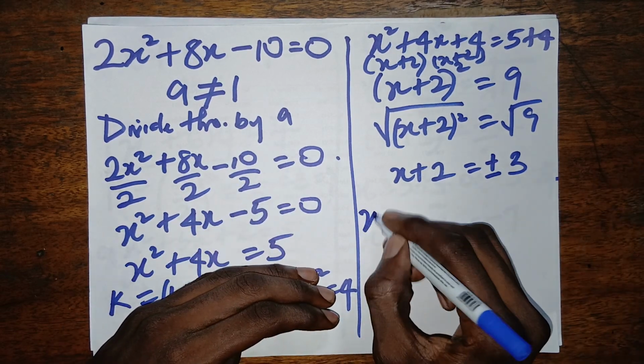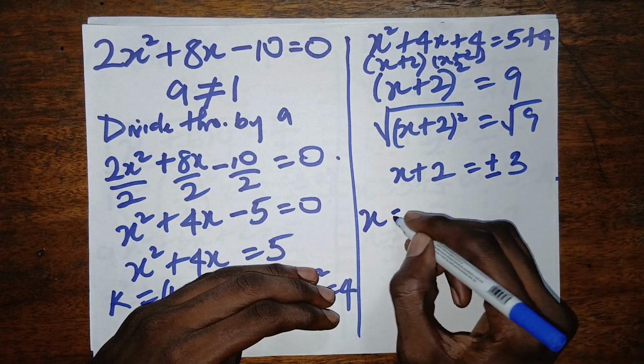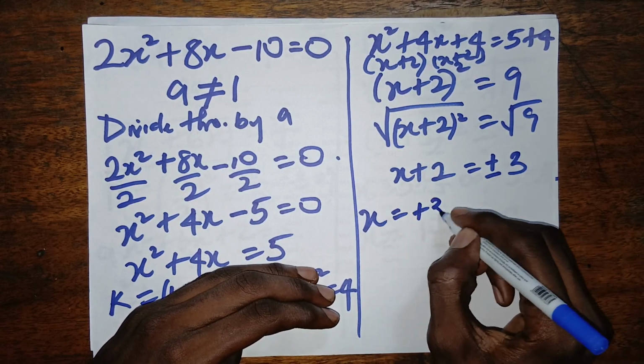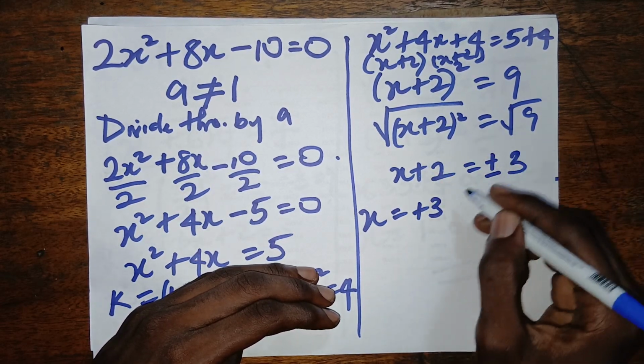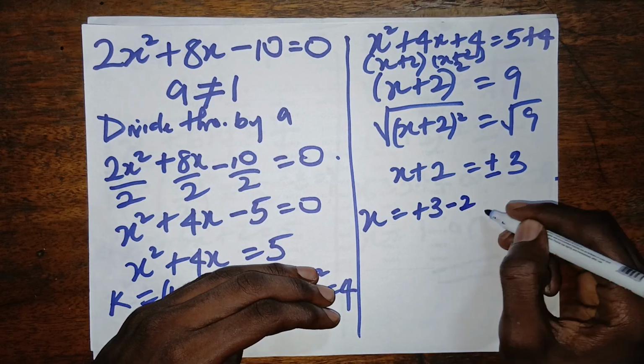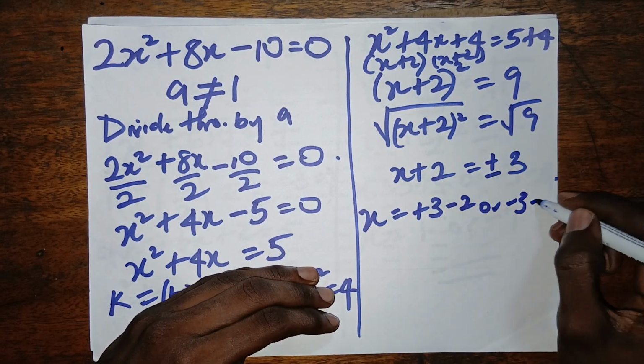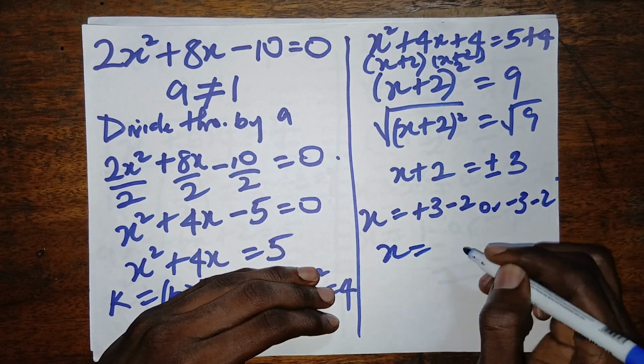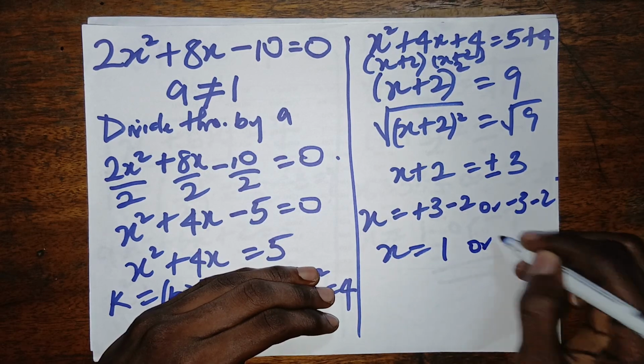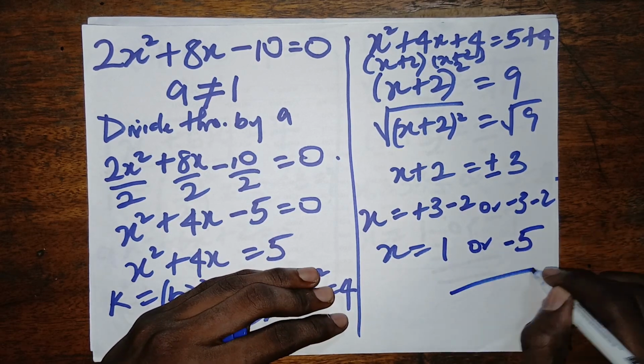Then you have x plus 2 equals 3, taking this first one, so this goes to the other side, giving x equals 3 minus 2, or x plus 2 equals minus 3, so x equals minus 3 minus 2. You have x equals 1 or minus 5.